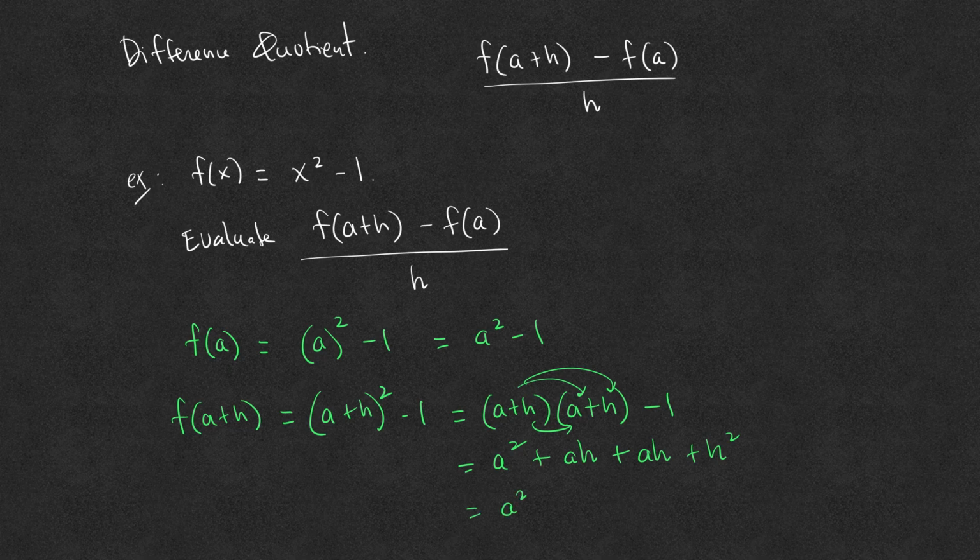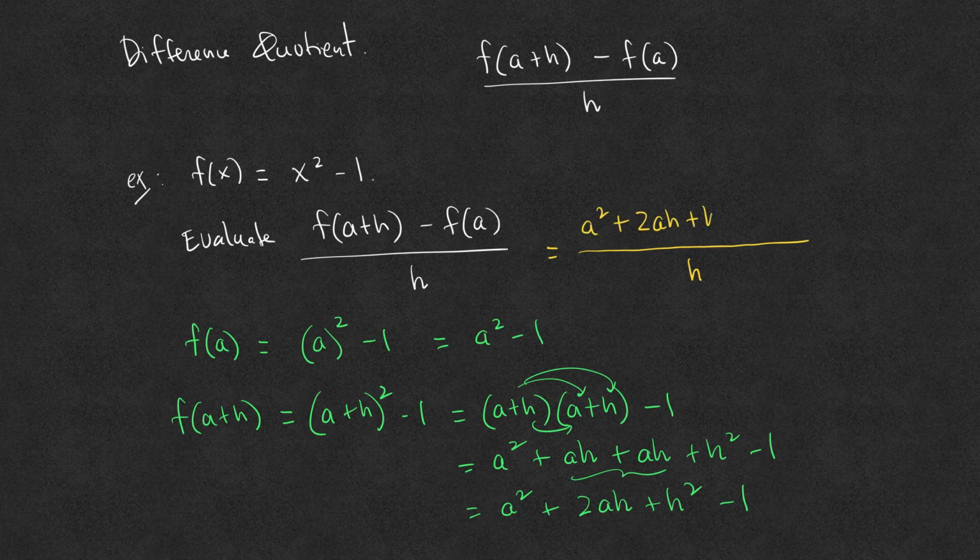And so this is a squared plus, we combine like terms, 2ah plus h squared, and don't forget to bring down the minus 1. To evaluate the expression, we will simply replace f of a plus h with what we just found. And we just found that f of a plus h is a squared plus 2ah plus h squared minus 1.